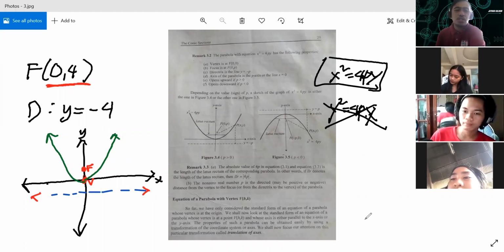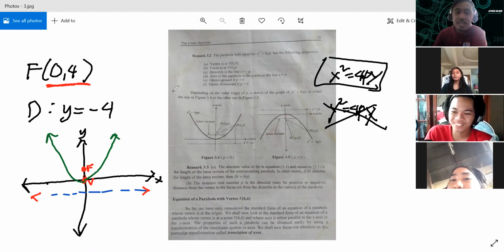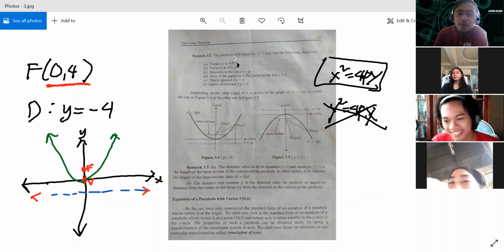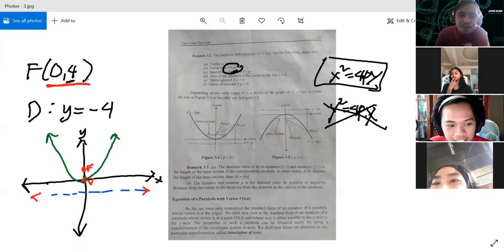Now, the question is, what is your p? 4, sir. How did you know that your p is 4? The distance from the focus to the directrix, sir. Yes. Your focus is (0, p), and your p is 4. Right?